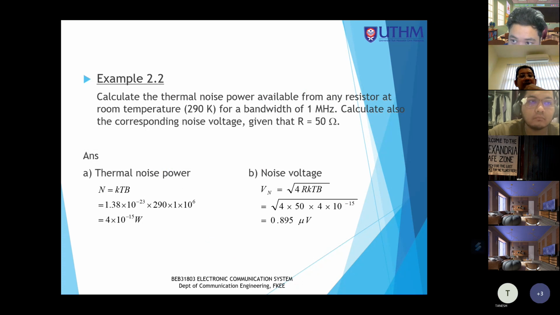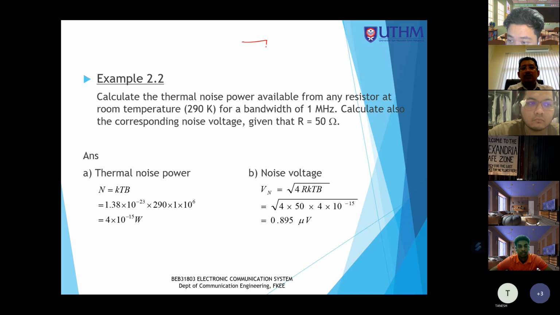Okay, example 2.2. Calculate the thermal noise power available from the resistor at room temperature 290 Kelvin for a bandwidth of 1 megahertz. Calculate also the corresponding noise voltage given that R equal to 50 ohm.